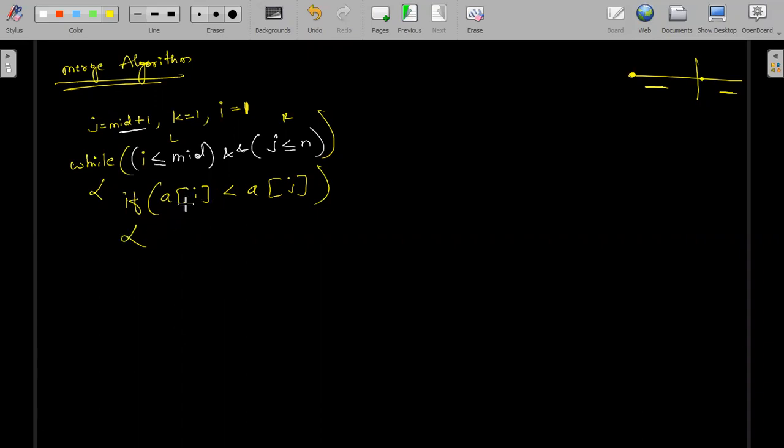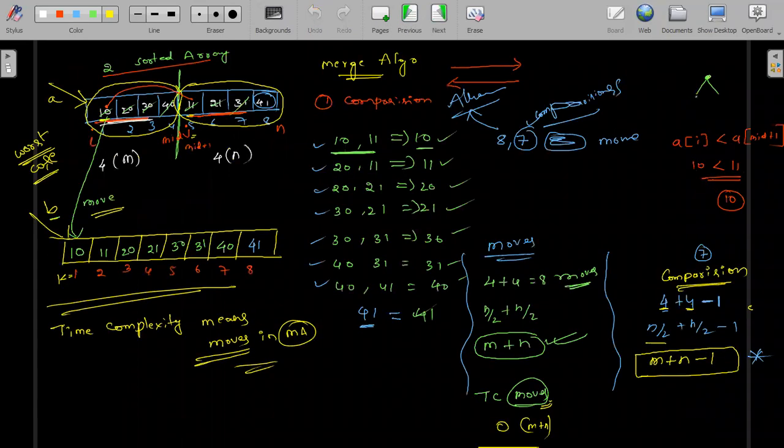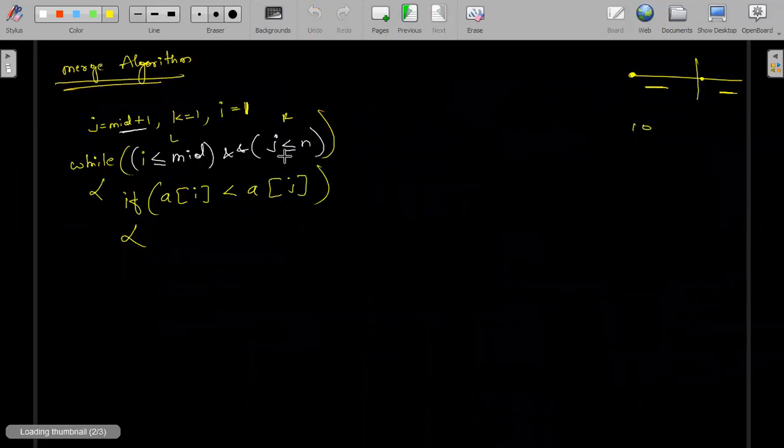If A of I, that is what I told you, 10, you can go to the previous one if you want. 10 is less than 11. Check it, 10 is less than 11. That is A of I. Again, A of J. Instead of using mid plus 1, you can write J also, no problem. That is what I wrote here.